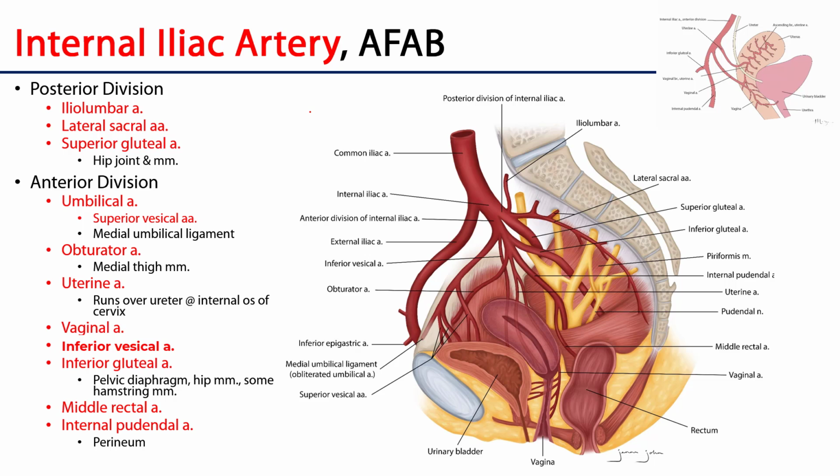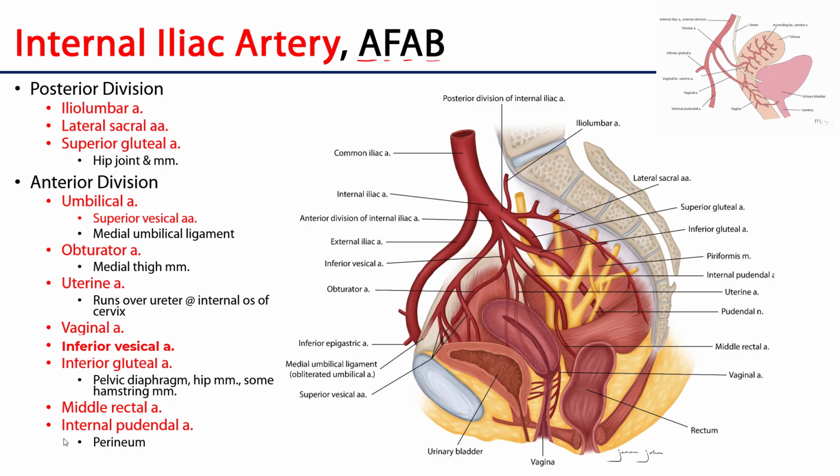Now, to help show some of the extremes of that sexual polymorphism, I'm going to show you representations or conceptualizations of the assigned female at birth internal iliac artery, and I'll also show you an illustration of an assigned male at birth internal iliac artery as well. Now, let me switch over to green here so that there's not an overabundance of red on this slide.